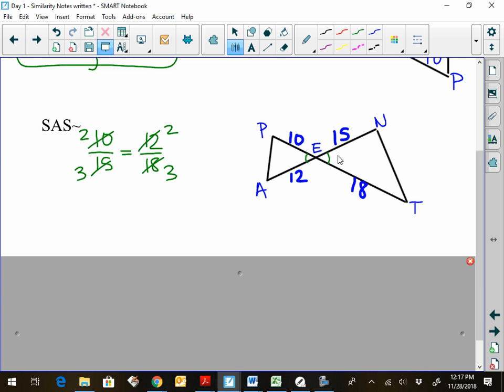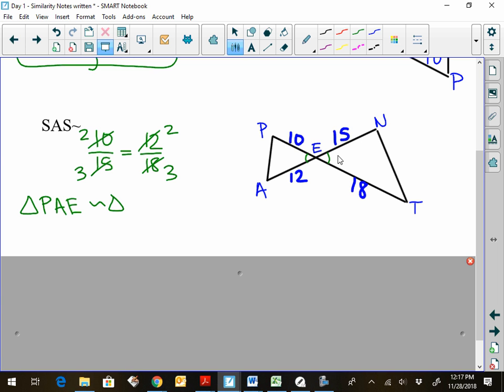So our scale factor then would be 2/3, and that proves that they are similar. So I can say triangle PAE is similar. And now let's think of what triangle, or what point P goes with.